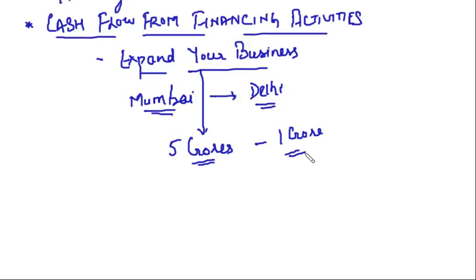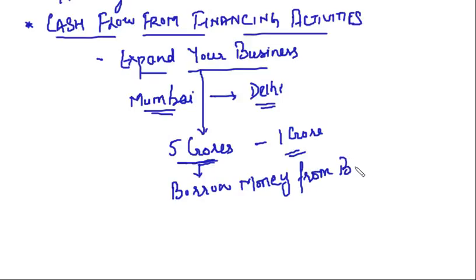We need business expansion, but we need 4 crore also. Now, how we are going to get this 4 crore is, we will borrow money, say we borrow from a bank.